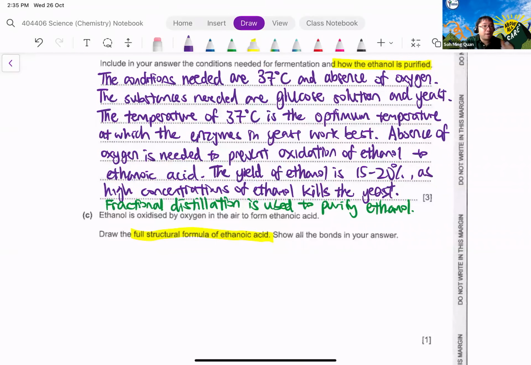For organic, always start with the functional group. It's a carboxylic acid. The functional group is COOH. Always start drawing the functional group first. Then draw the number of carbon atoms needed. Ethanoic acid. Eth means 2 carbons. So I draw 1 carbon already.